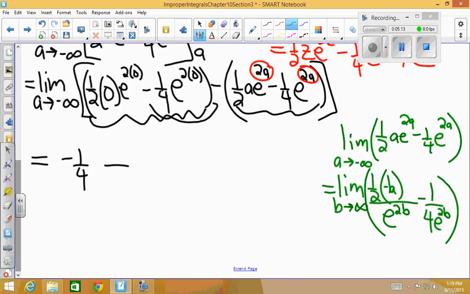All that we've done here is say that a is the same as negative b, and we just substitute that in.